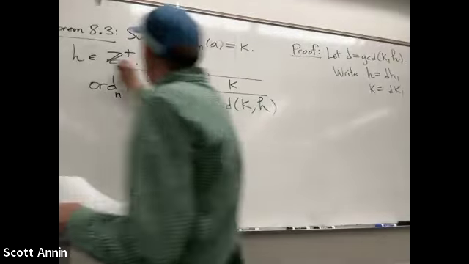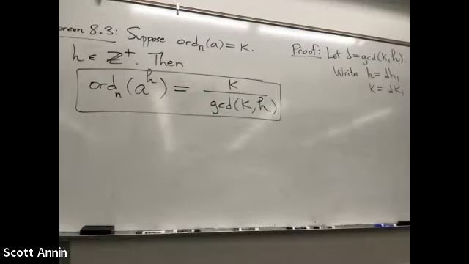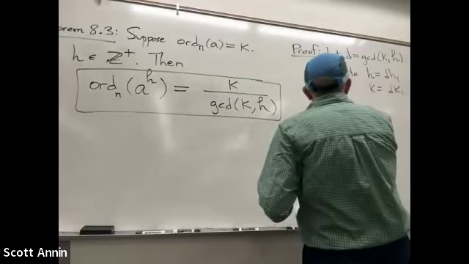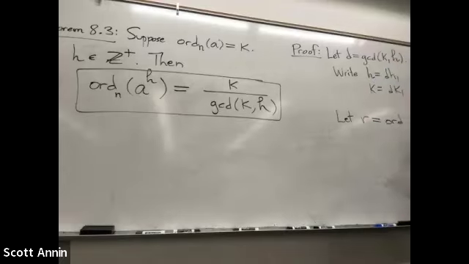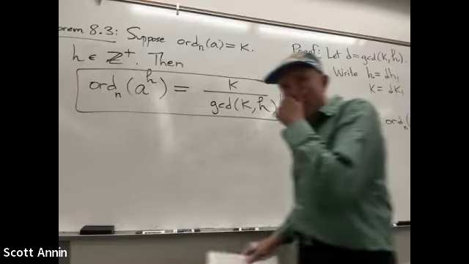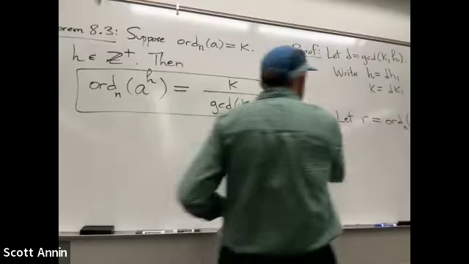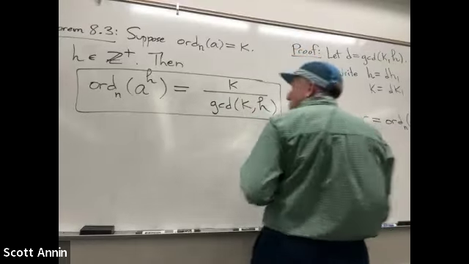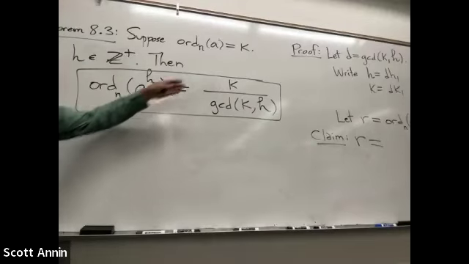Now I'm trying to come up with a formula for the order of A to the H. Let's give that a name. I'm going to call it R. So let's let R be equal to the order in mod n of A to the H. And the claim is that R, which is what's on the left side of the formula, should be equal to, what is this?